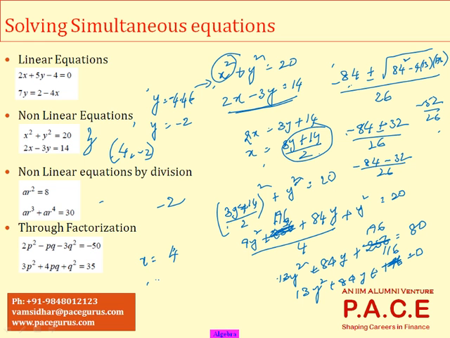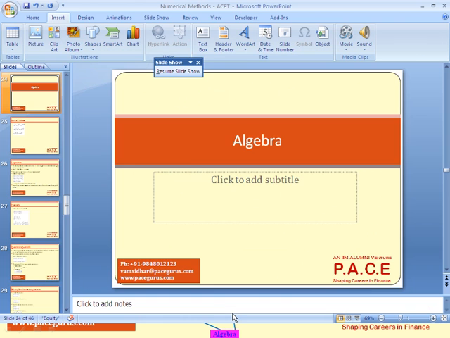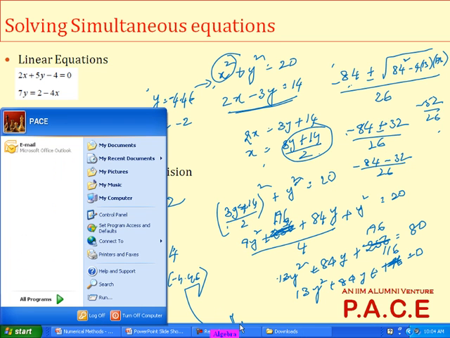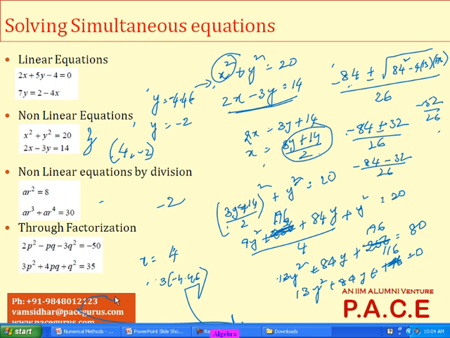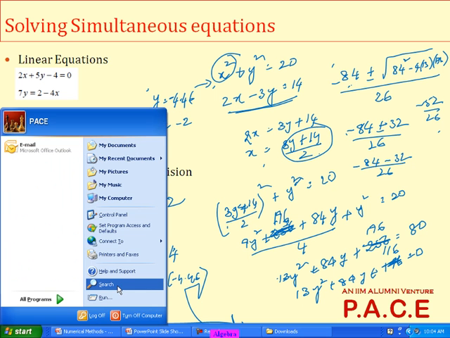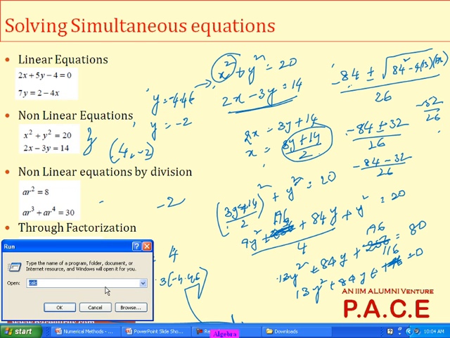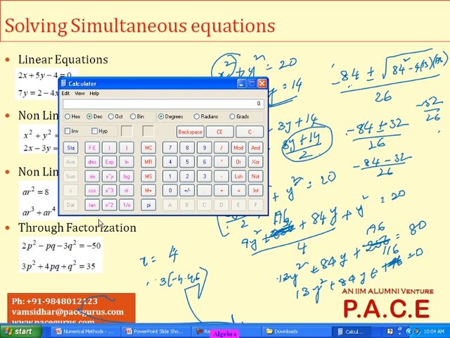So it becomes 3 into minus 4.46. How much do I get? 3 into minus 4.46 plus 14. Okay, let's try it out. Minus 116 by 26, right?